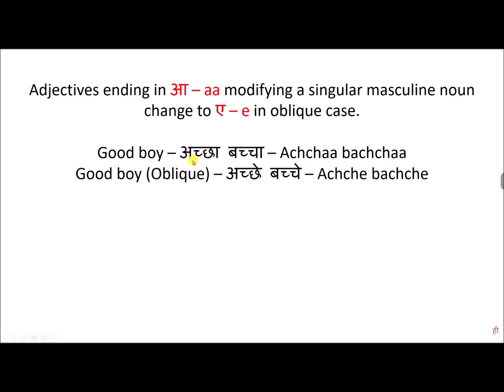Achhe is the oblique of acha. And both mean good boy. Alright? Now, don't worry looking at this. From the next video onwards, you will be able to understand how to use oblique forms. Okay? So this is one rule that we have.